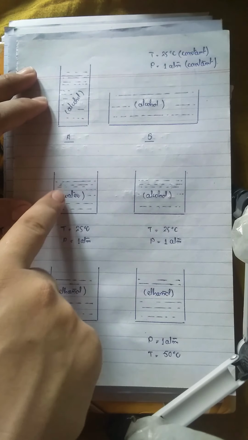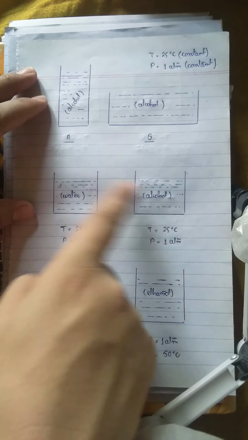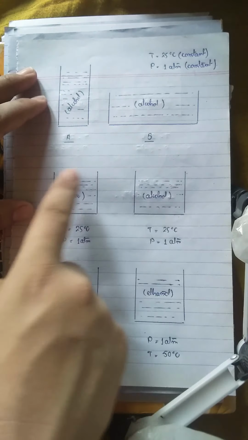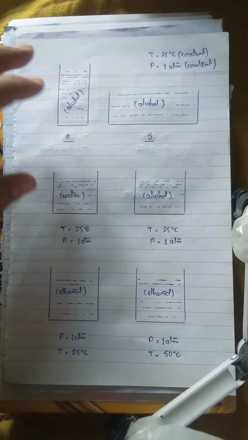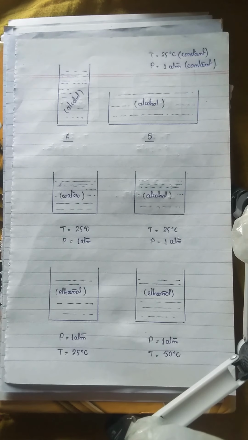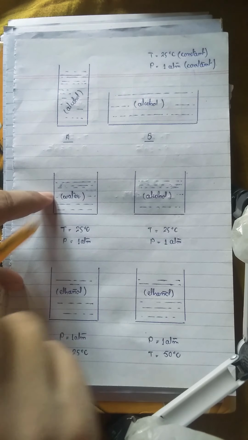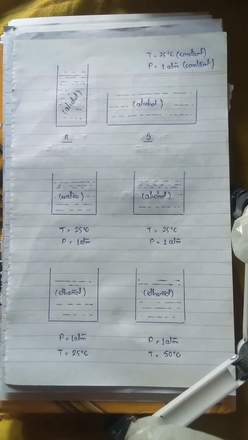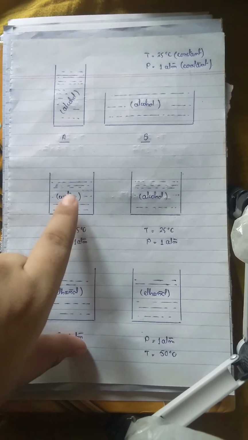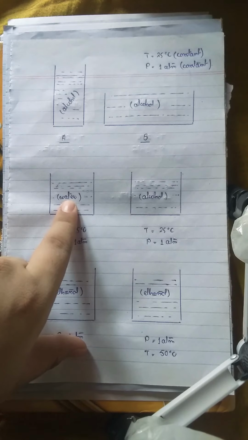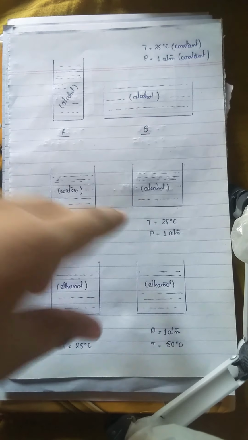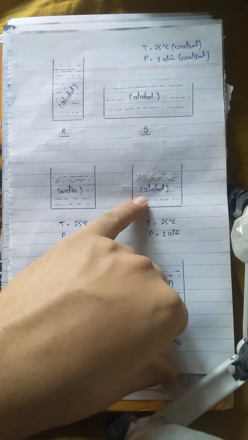You can see a diagram in this figure. There are two containers, and the surface area of the liquid in both containers is the same, which means there is no effect of surface area in this condition. The temperature and pressure conditions are also the same, so they cannot affect our comparison. The only thing which is changed is the nature of the liquid. In container A we placed water, whereas in container B we have alcohol, and we know that alcohol is more volatile than water.